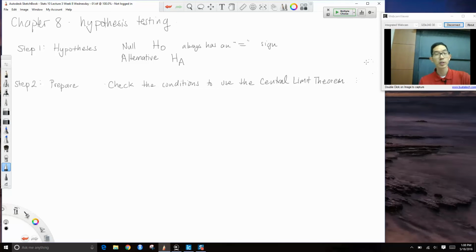A lot of our conclusions will be based on the use of the central limit theorem. So under step 2, we're supposed to check to make sure that the conditions to use the central limit theorem are met.